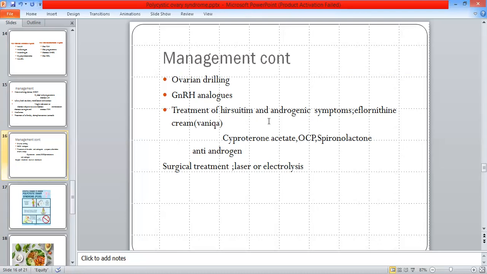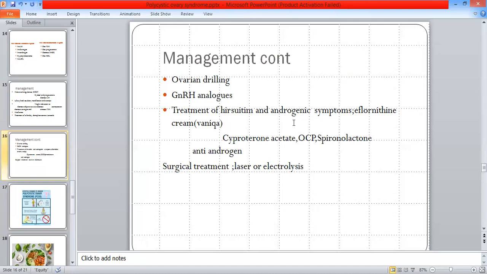In the medical treatment, we prescribe to the patient a drug which is a cream. Its name is eflornithine cream and its trade name is Vaniqa. Very important, it is used for the androgenic symptoms.